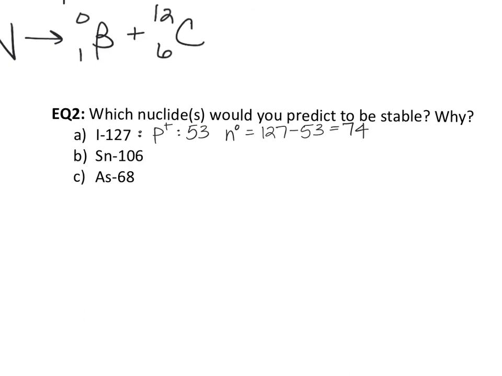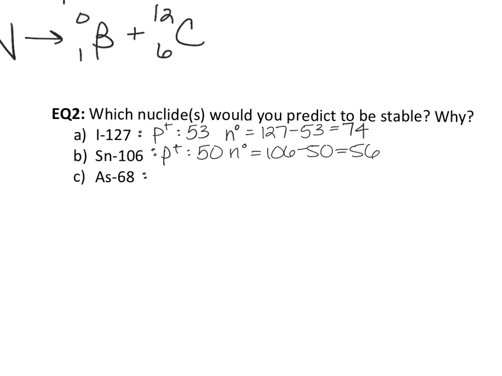Let's do the same for tin-106. Tin on the periodic table has 50 protons. That means the number of neutrons is 106 minus 50, which gives us 56.